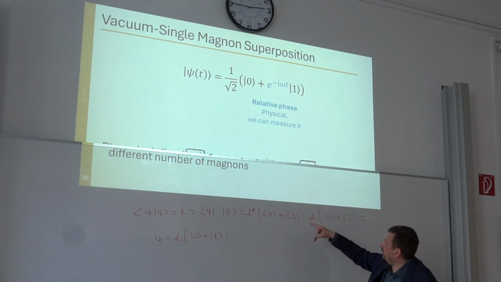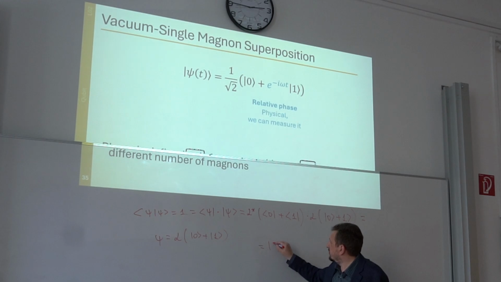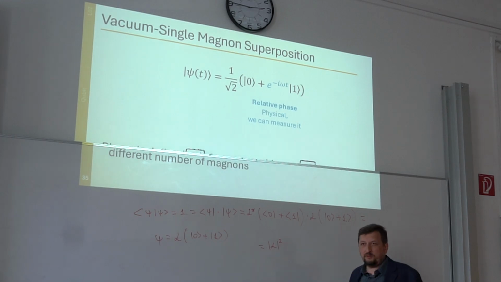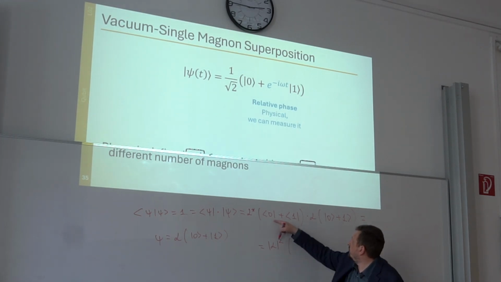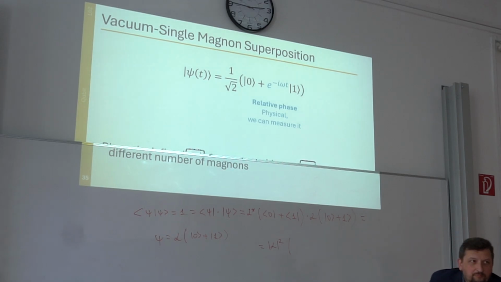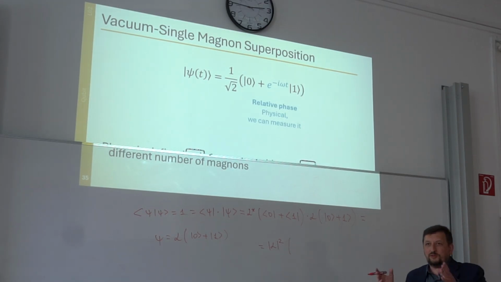I have alpha conjugated times alpha, so this is the absolute value of alpha squared. Then I have this combination. When we work with bra and ket vectors, we just treat them like matrices. So we can multiply, open parentheses, whatever. What's important is that the order stays the same.